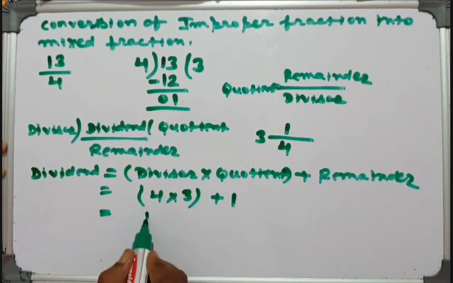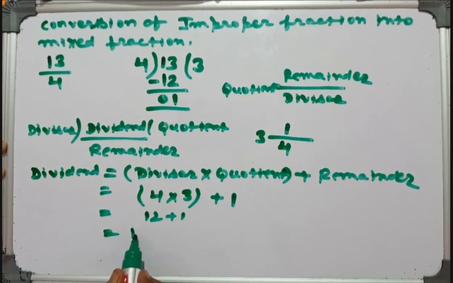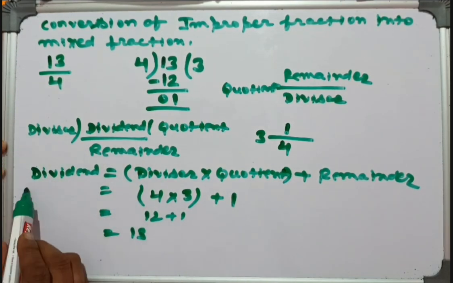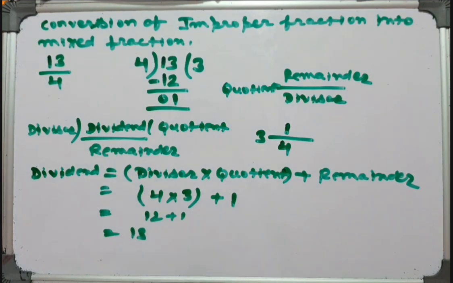So this is 12 plus 1, which is 13. So now we get the dividend value 13.